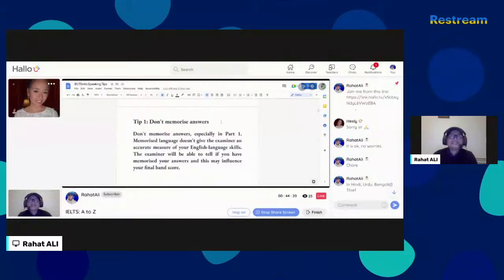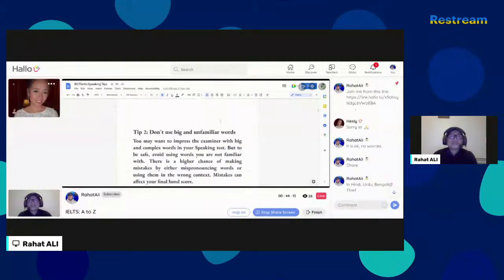Do not do it, because the IELTS exam is nothing but explaining in English in your own way, so you don't have to memorize anything. And do not use big and unfamiliar words. If you use them, you may end up mispronouncing them, using them the wrong way or out of context, which will affect your score.